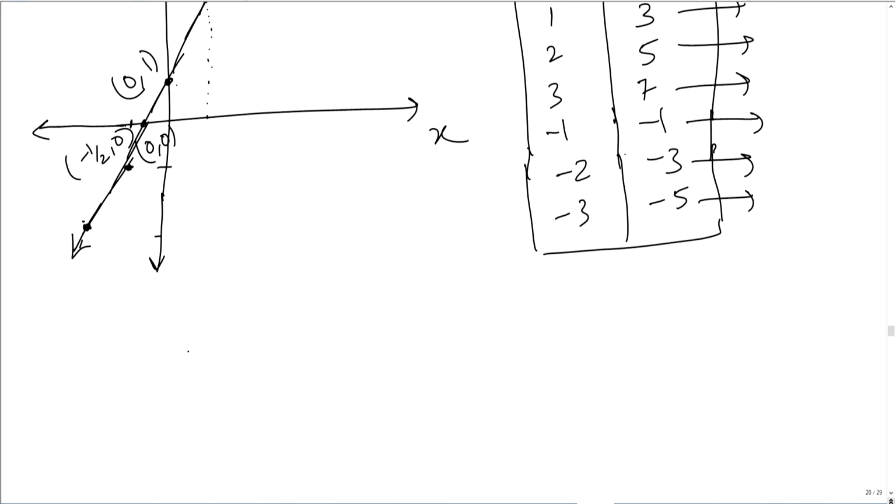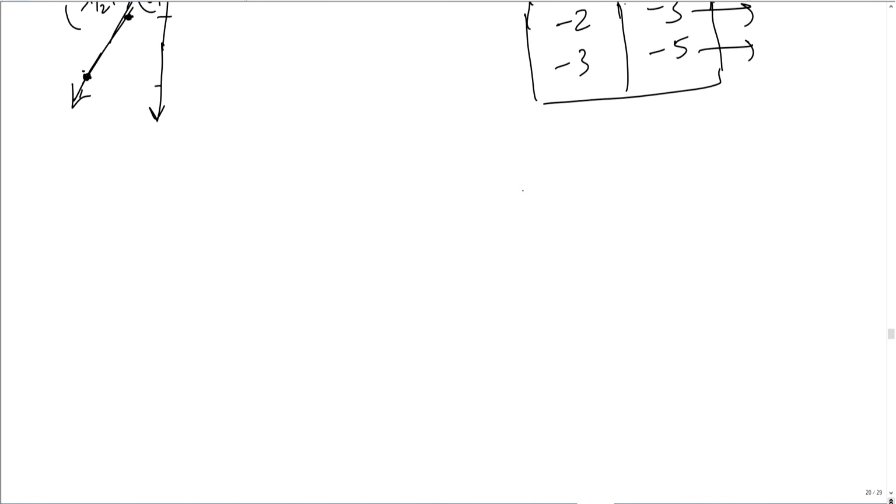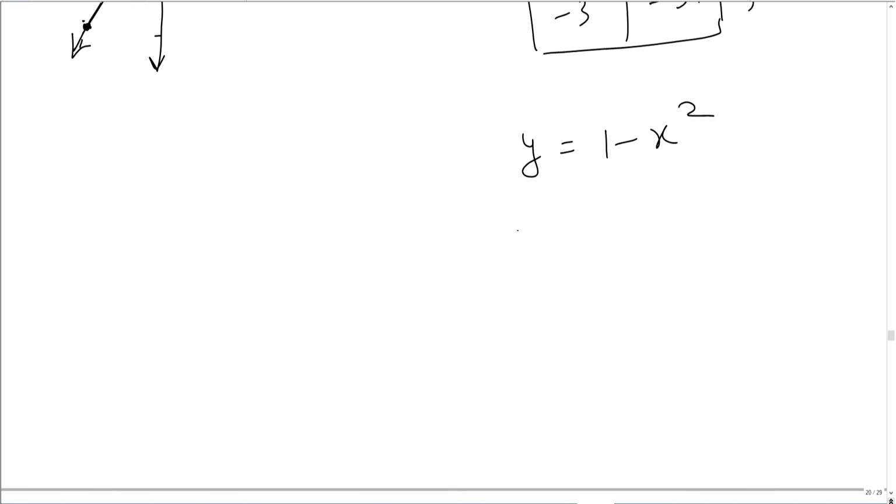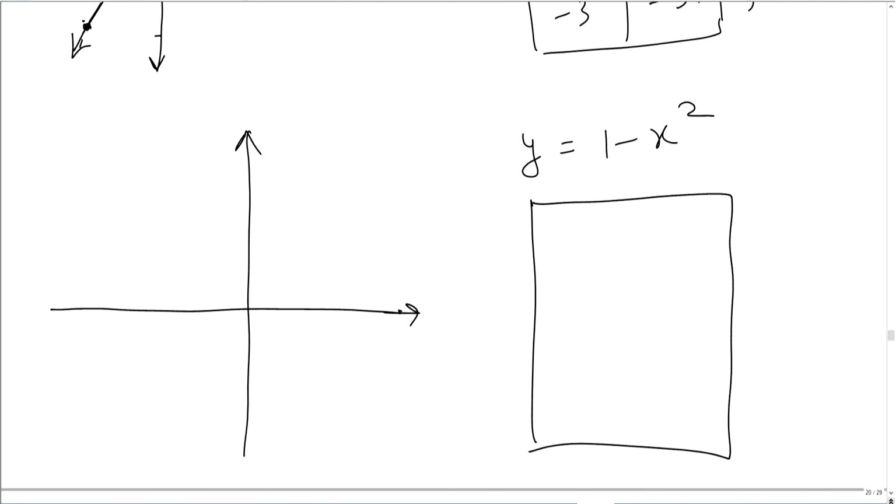Let us try slightly trickier graphs. How about y equals 1 minus x square? Let us try this. Now I'll plot the xy plane first here. Let us take values of x and y, and try some critical points.